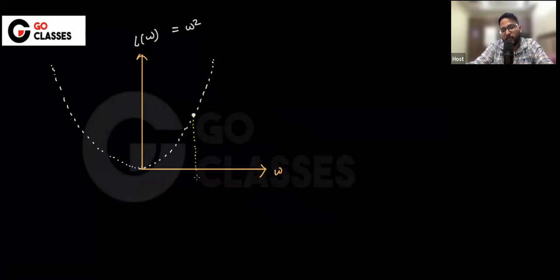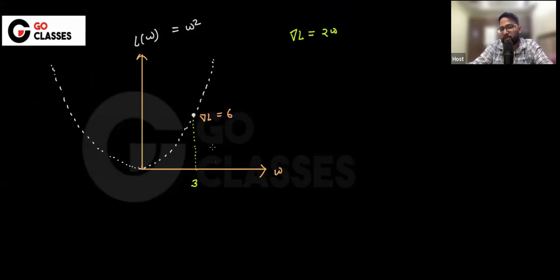Suppose this W is 3. Can you tell me the gradient of this loss function, which is actually 2W, at the point 3? 6, right? So the gradient will be 6. Tell me, is this the positive direction or the negative direction? 6 is plus or negative?